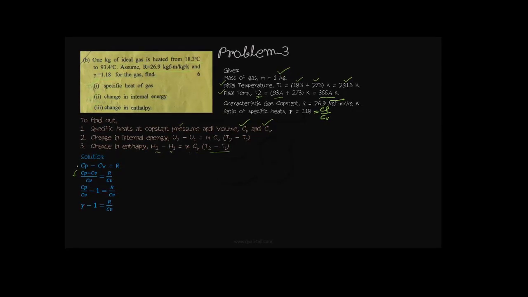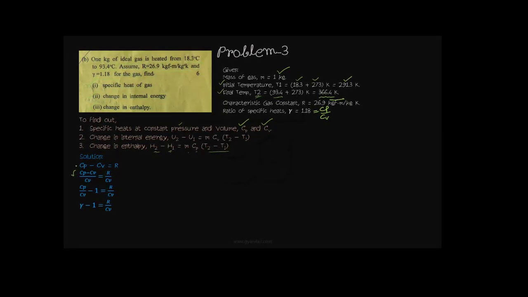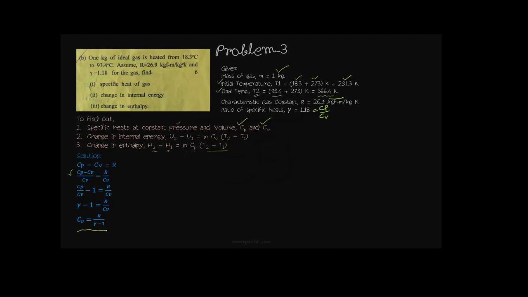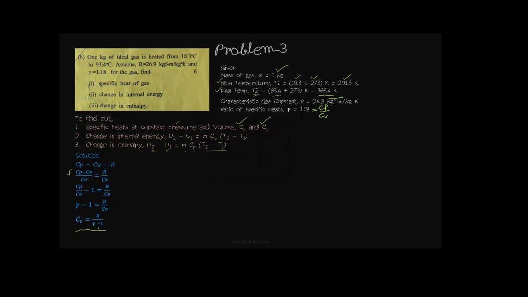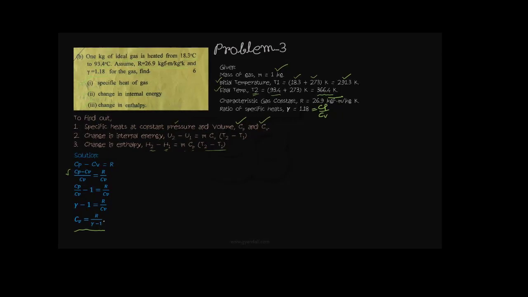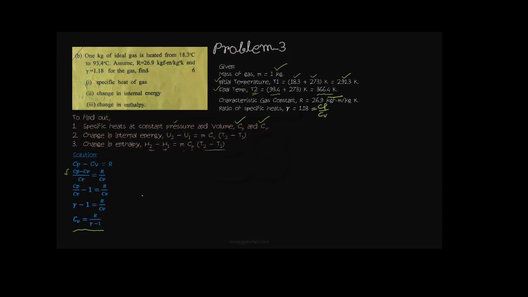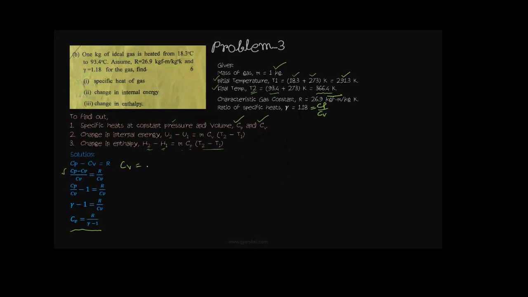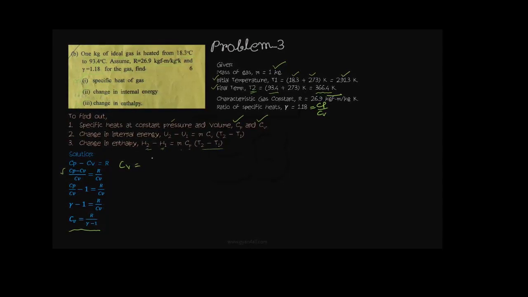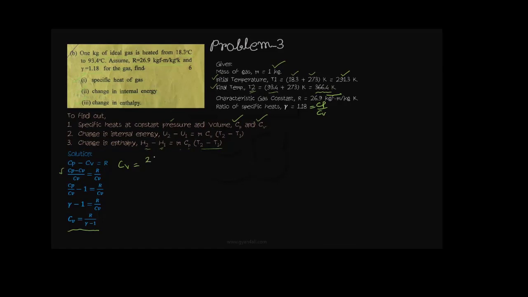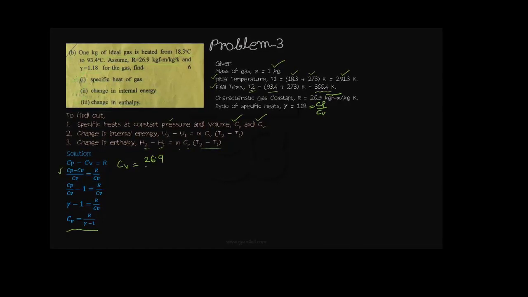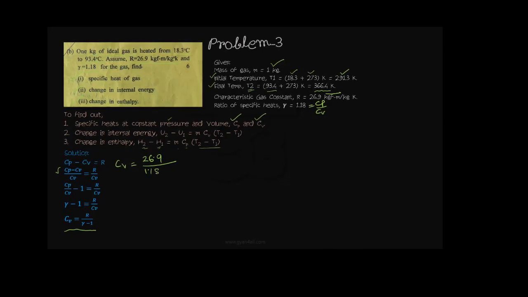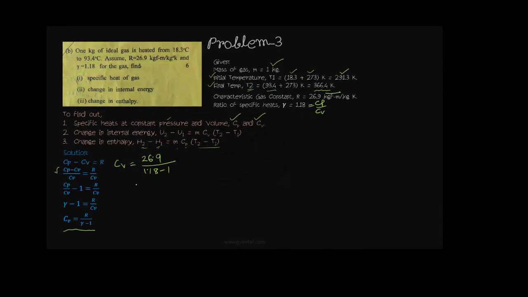So we can write it like this: gamma minus 1 equal to this one. So we get the relation for Cv as R divided by gamma minus 1. Let us calculate the value of Cv, because the value of R is given, that is 26.9 divided by gamma, which is 1.18, minus 1.